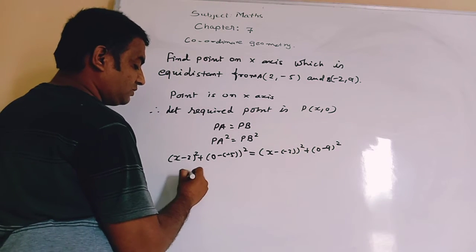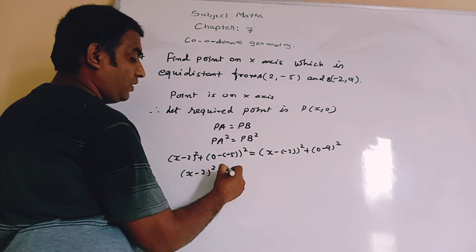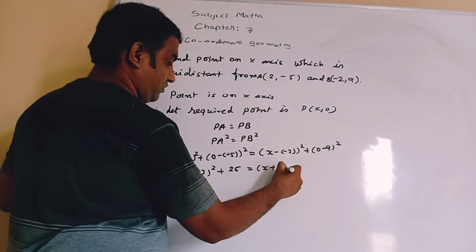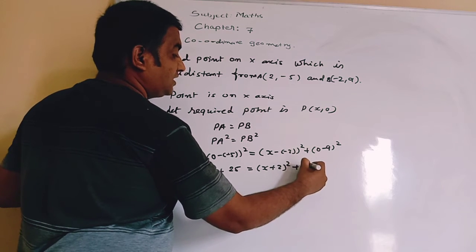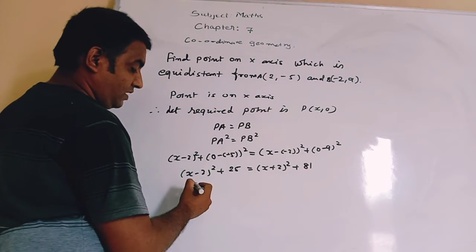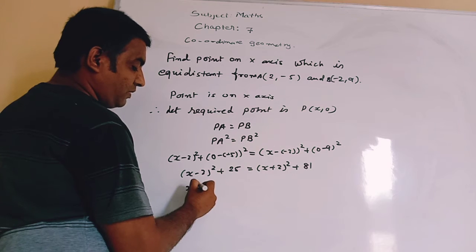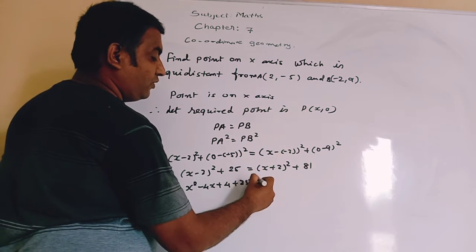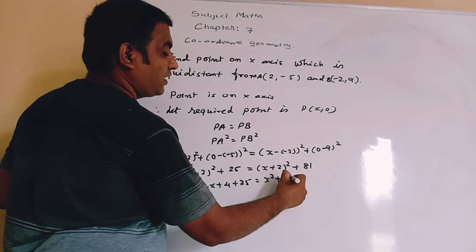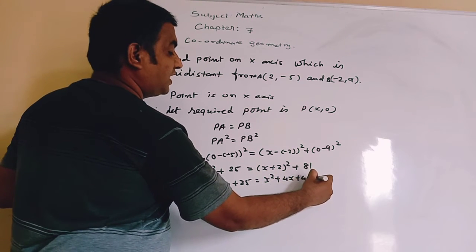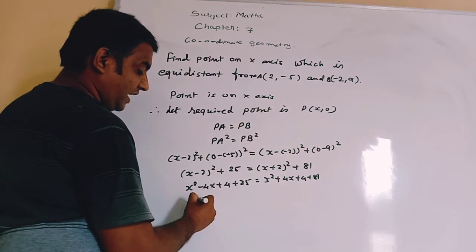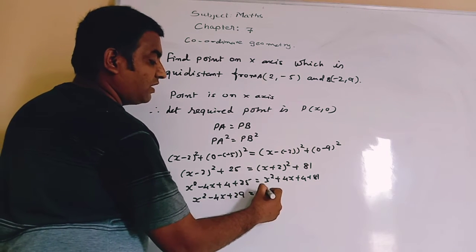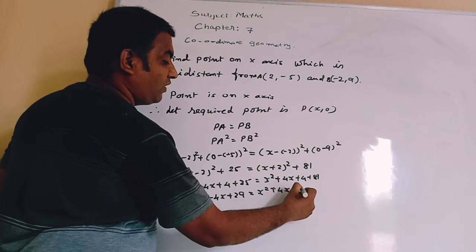So easily (x - 2) square plus 5 square, 25, equals (x + 2) square plus 9 square, 81, and so x square minus 4x plus 4 plus 25 equals x square plus 4x plus 4 plus 81. So it is x square minus 4x plus 29, and here x square plus 4x plus 85.